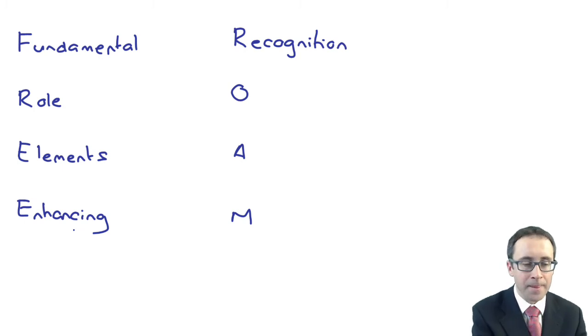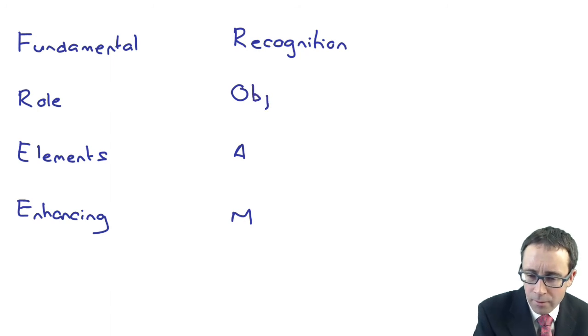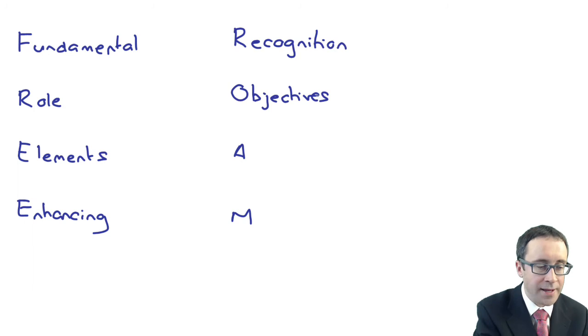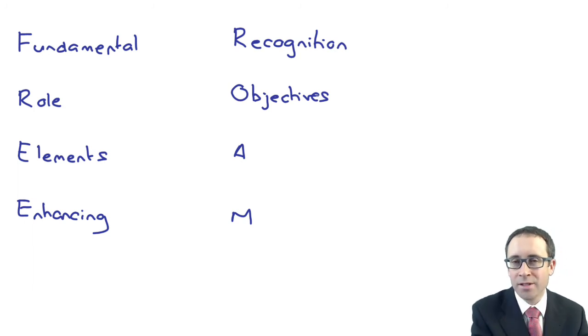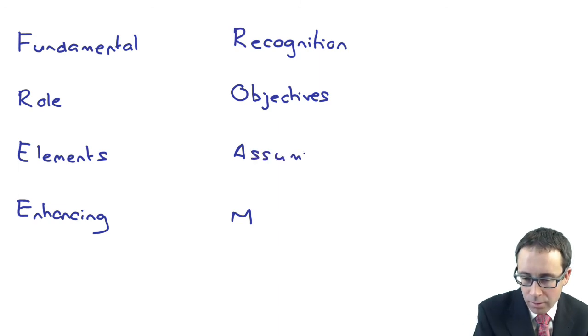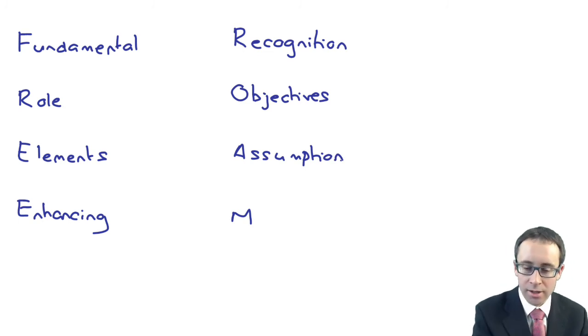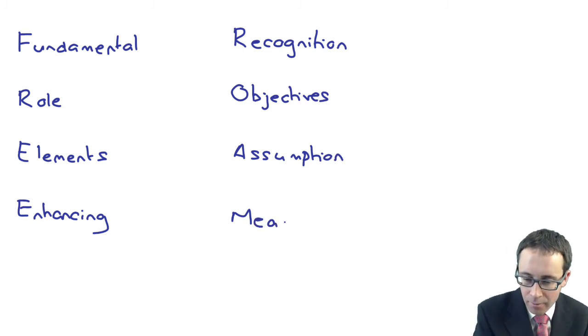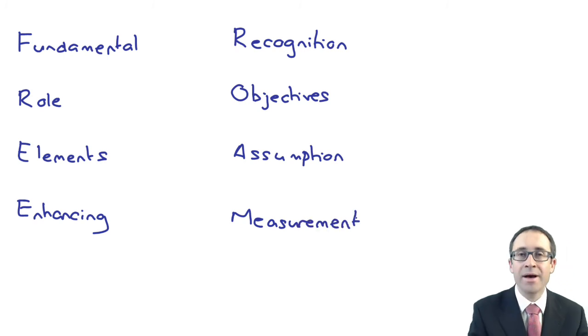O, can you remember what the O stands for? Was that the objectives? The A is a bit of a cheat because it's the underlying assumption, which is going concern, and then M is the measurement, isn't it?